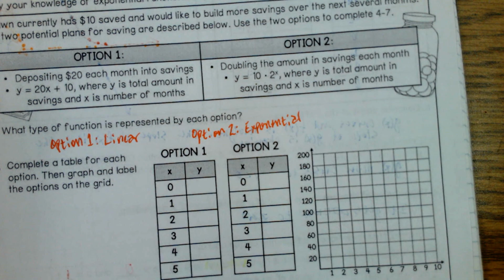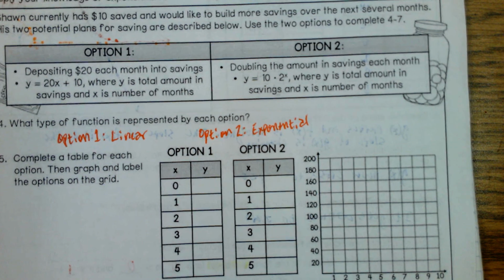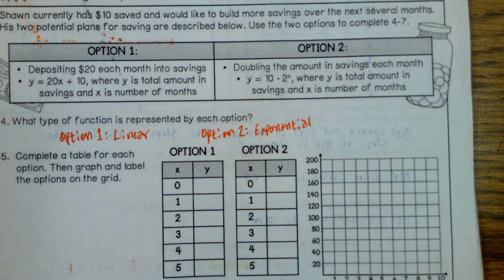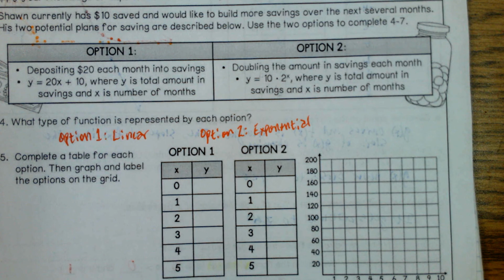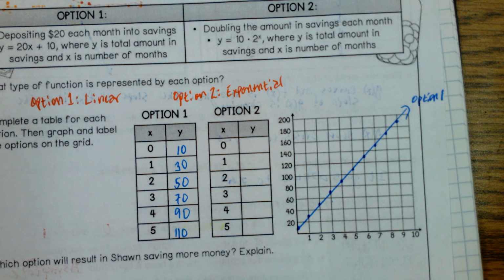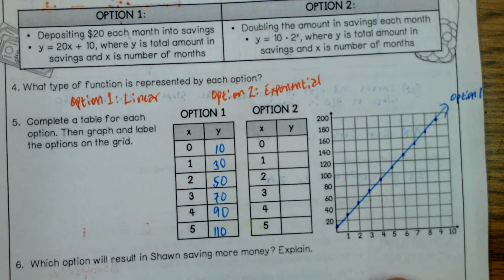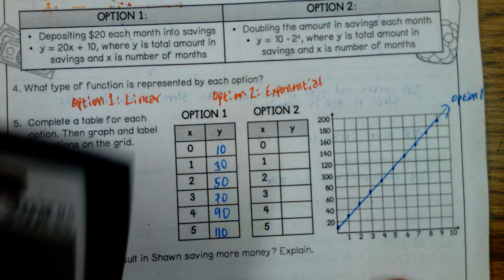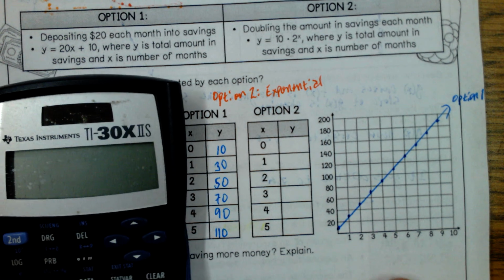Okay, so now we're going to fill in the table. Let's start with a linear one. Okay, so we got option 1. Let's get the values for option 2.